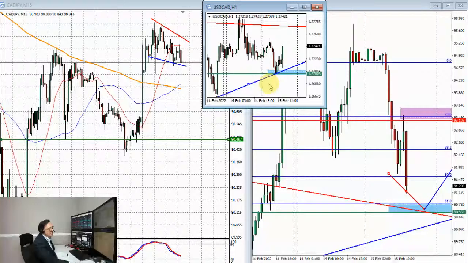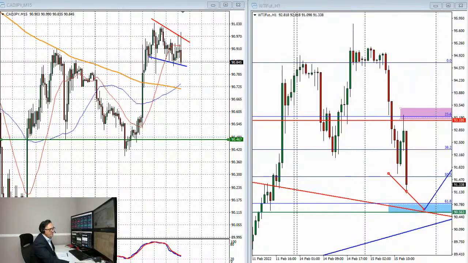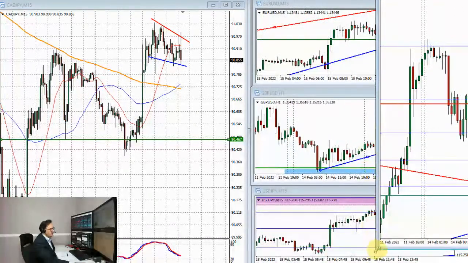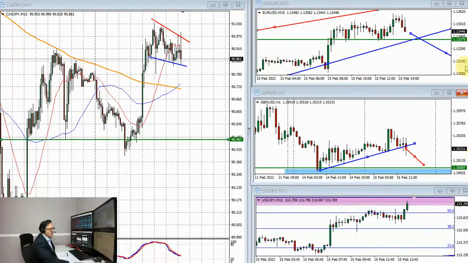This is what I'm saying, it kind of makes sense to me. So Canadian dollar weakness, US dollar strength. Oil is going down, US dollar is used to trade crude, and then we're seeing this as well. So that's where we are with crude oil and CAD.